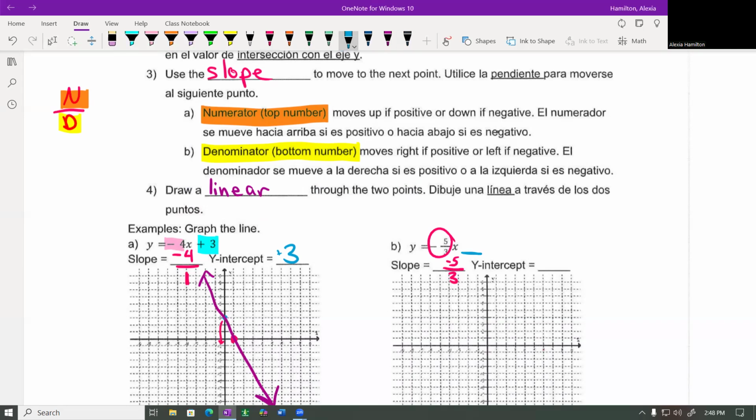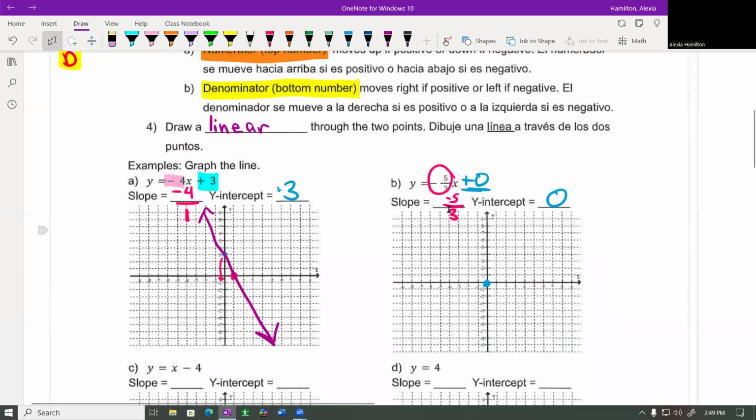There's nothing here. So we can make it a +0. So I'm starting at a 0. And then my 5 is negative, so I'm going to count down 5 and right 3, put a point, draw a line.